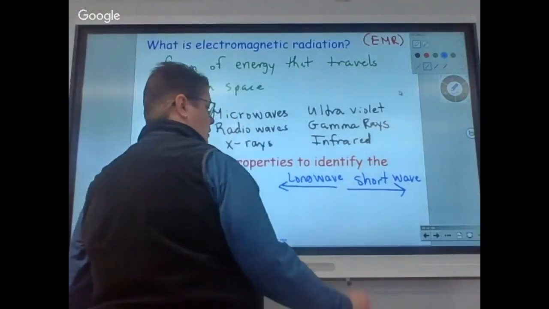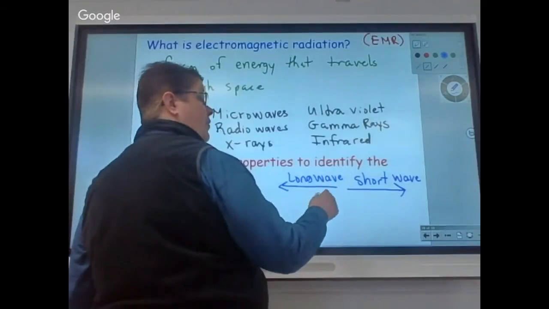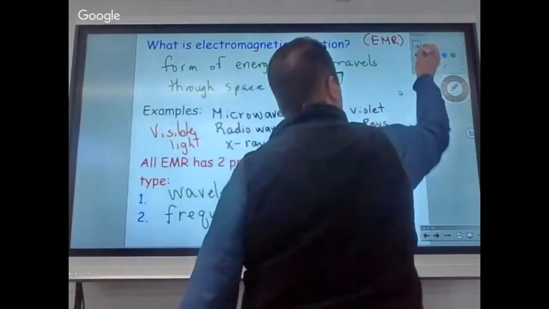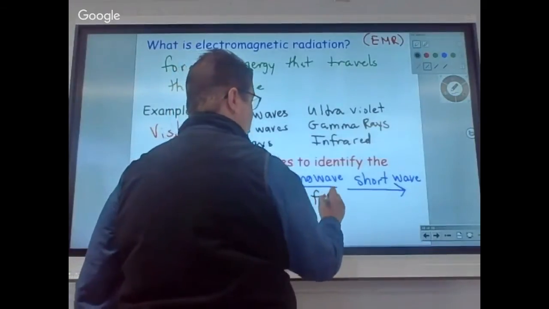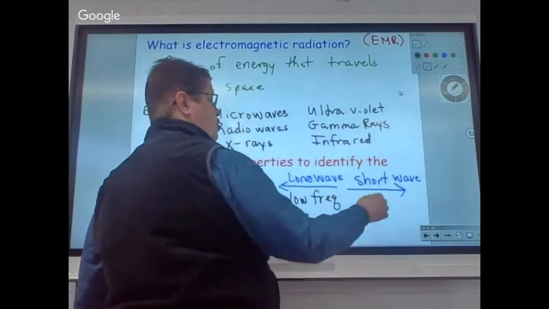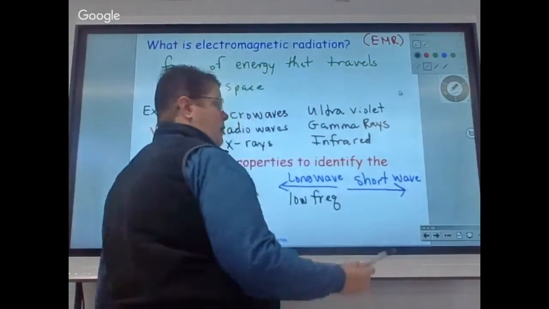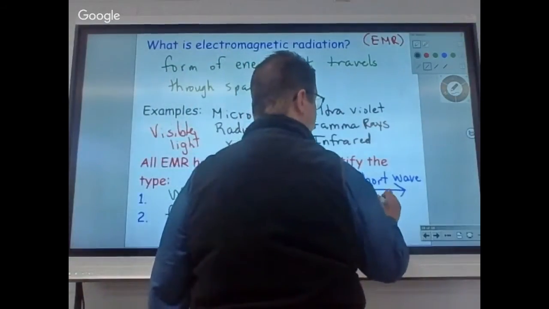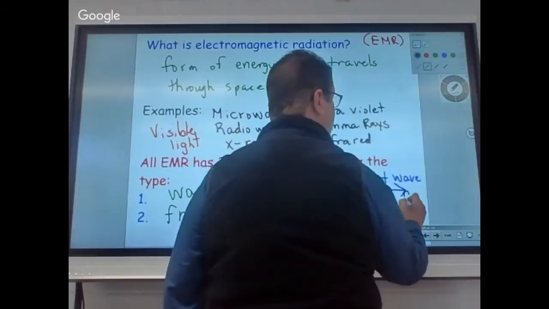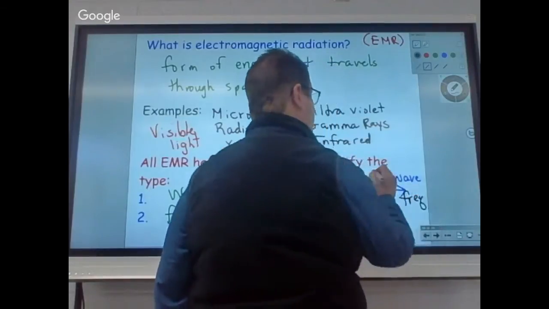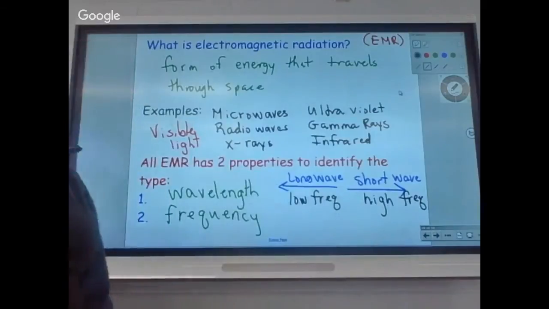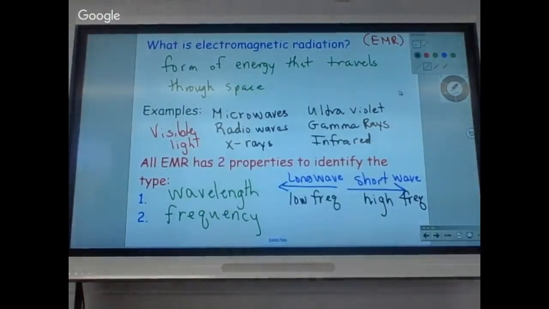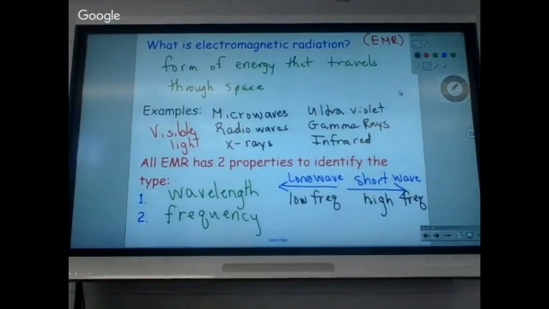Where it has long wavelength, it means low frequency. And where it says short wavelength, that means high frequency, because they're opposites of each other. Short means high. Long means low. You have to make that translation.